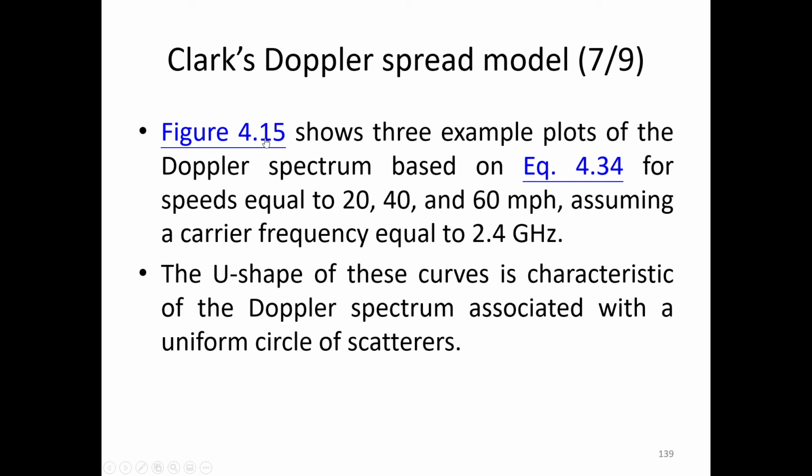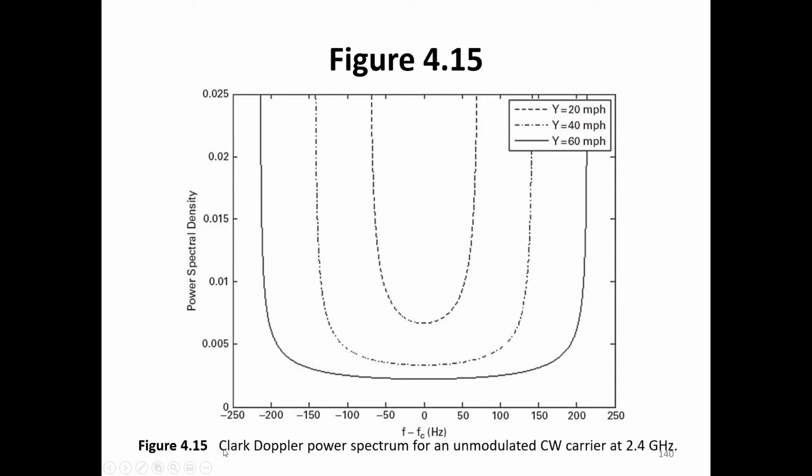Okay, let us look at figure 4.15. Figure 4.15 shows the Clark Doppler power spectrum for an unmodulated CW carrier at 2.4 GHz. CW means continuous wave. The x-axis is f minus fc in hertz, from minus 250 hertz to 250 hertz.